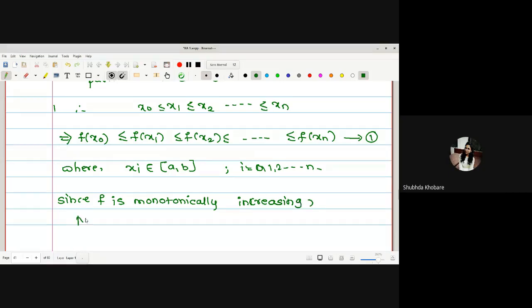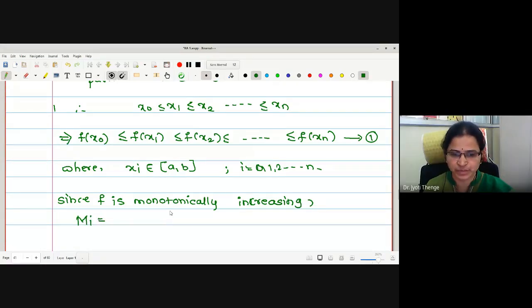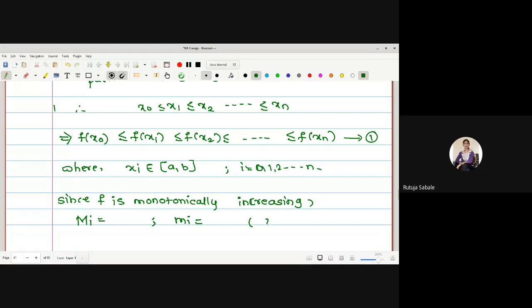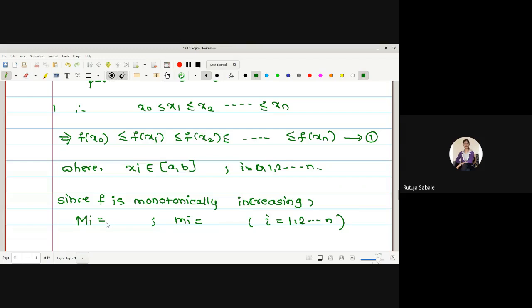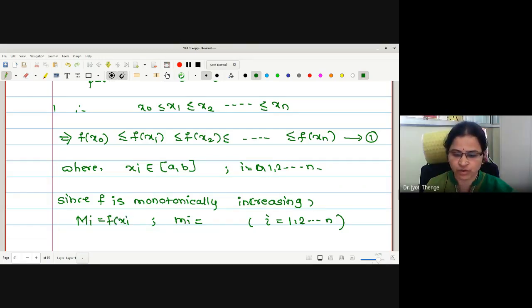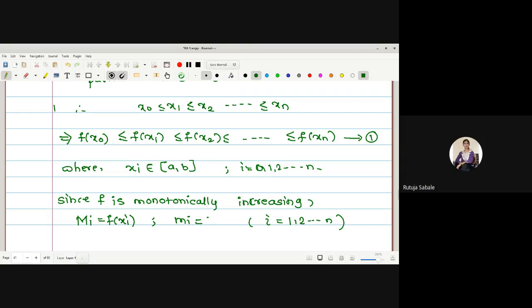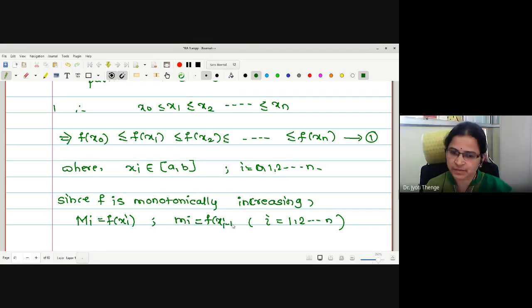Is it b or the function I am asking? Yes, it is f of xi. Good. And what about infima? F of xi minus 1.